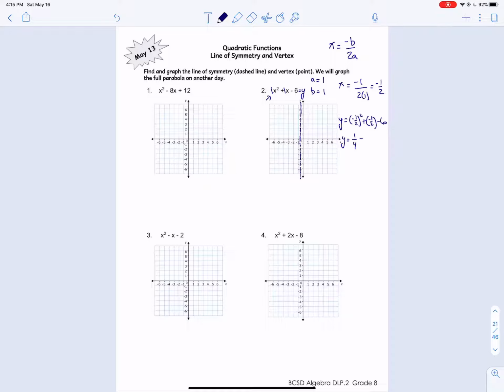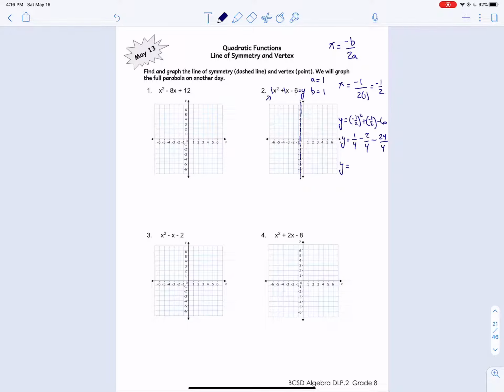Okay, but we're going to need to combine this, so we're going to need common denominators. So let's think about this in our head. So I have -1/2. So instead of -1/2, I'm going to do minus 2/4, which is the same as 1/2. It's an equivalent fraction. And then instead of minus 6, I'm going to do minus 24 over 4. So we have common denominators, so we can combine those fractions.